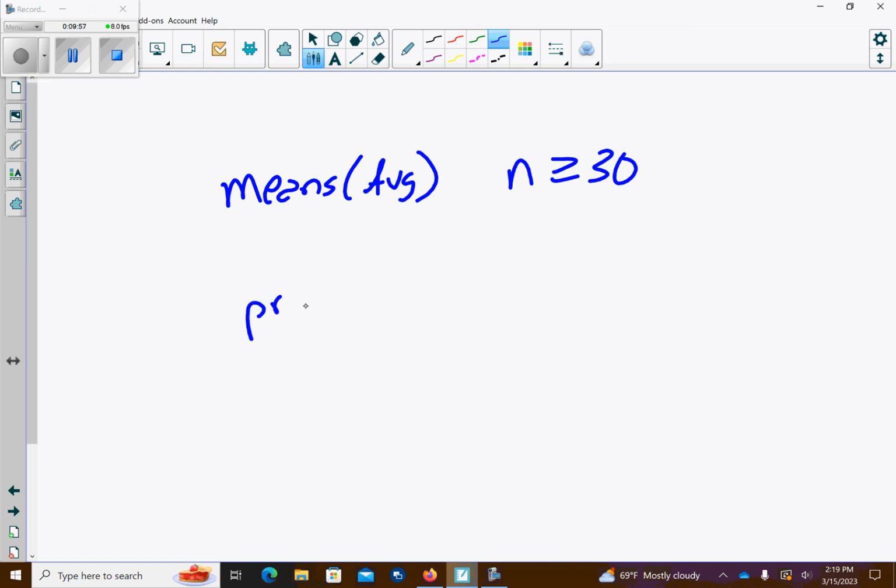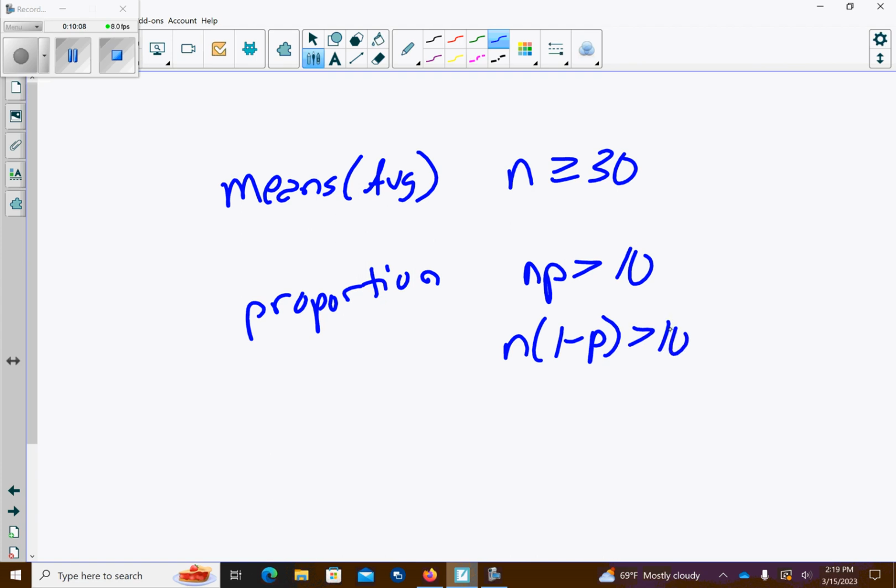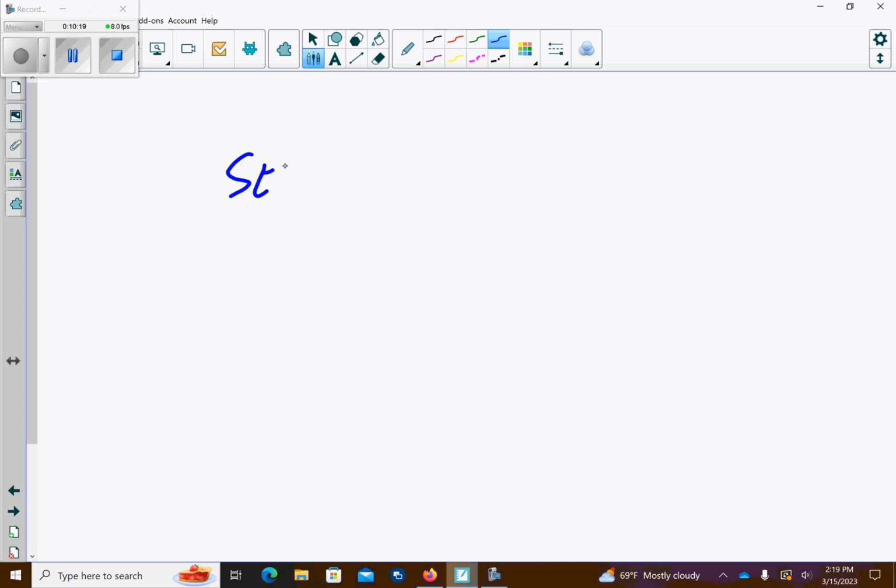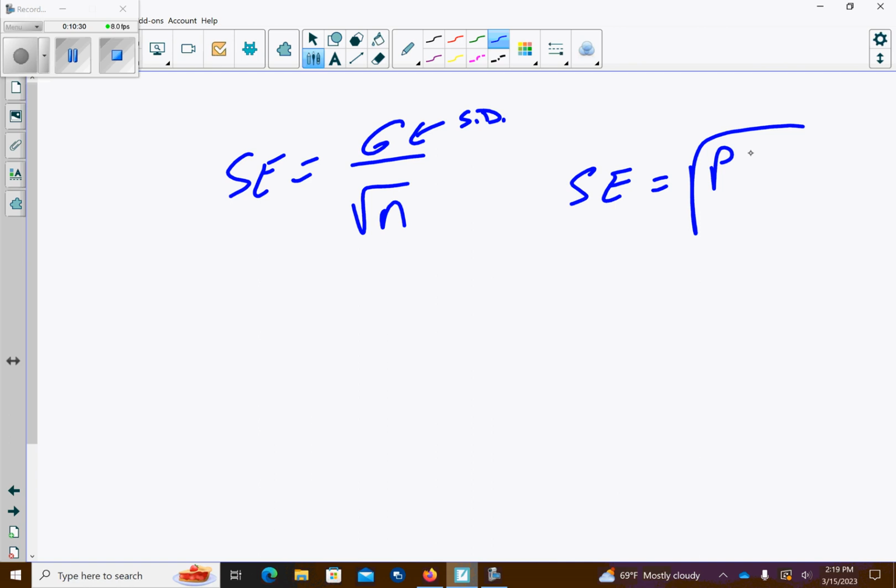If we had proportions, the condition is n times p greater than 10, and n times the quantity 1 minus p greater than 10. This is where we're given some sort of percent in our problem. Those again go along with our standard error. When we're dealing with means, that's the standard deviation. And if we were dealing with a probability or a percent chance of something happening, this is what we would use for the standard error.